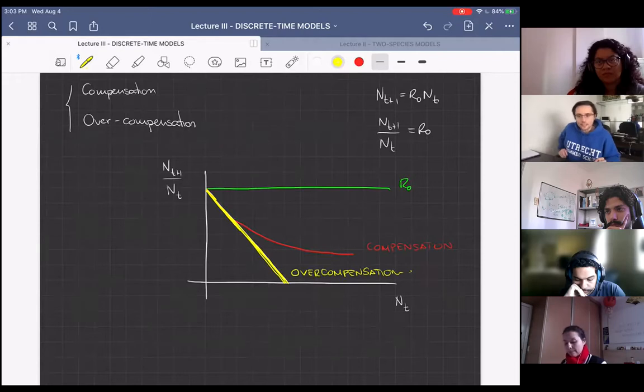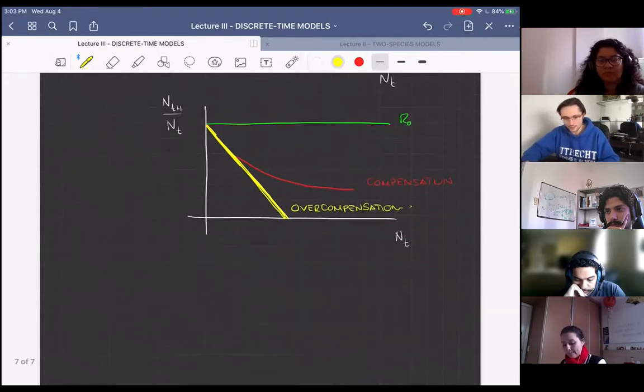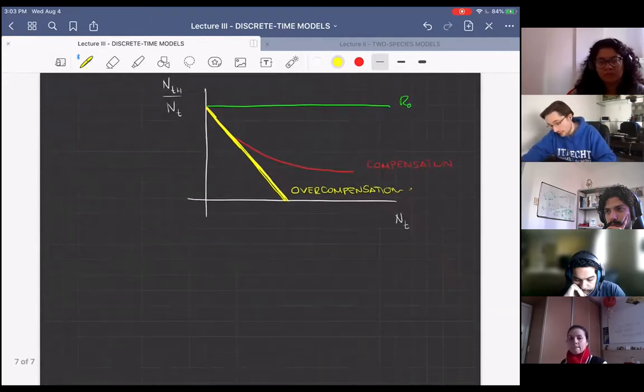If this is not very clear for you guys, looking at this picture, maybe it's more clear.